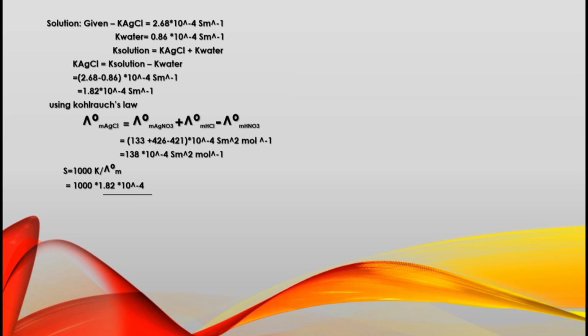So 1000 into the specific conductance of the AgCl, 1.82 into 10 raised to minus 4, divided by lambda naught m, that is 1.38 into 10 raised to minus 4, and we get the answer as 1.3188 mole meter minus 3. So the final answer is 1.31 mole meter minus 3.